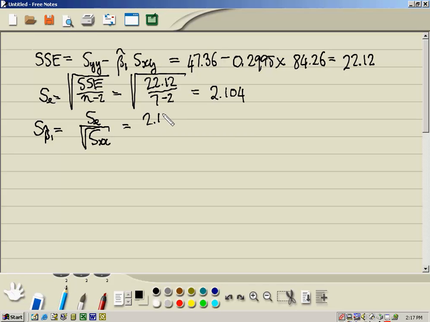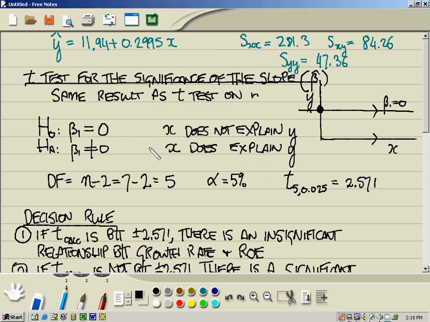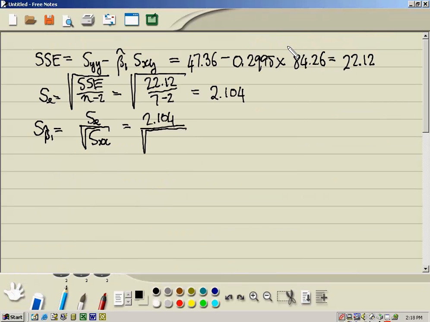So that's 2.104 divided by the square root of the sum of squares of x, and the sum of squares of x is 281.3. Okay, and the answer to that is 0.1254.